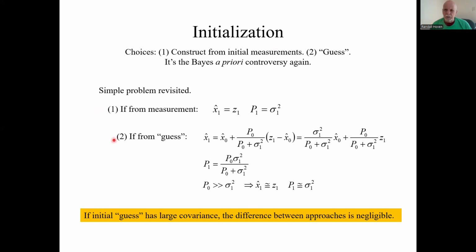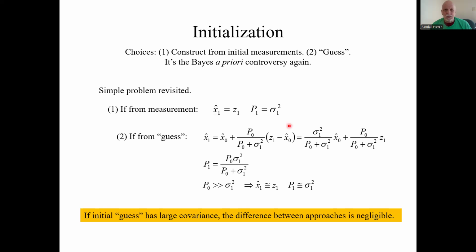There are two ways to go about it. One way is to use your first or early measurements to build up an initial estimate. The other way is, I could call it guessing, but you should know something about your situation.